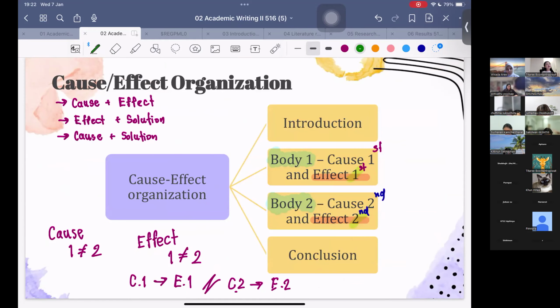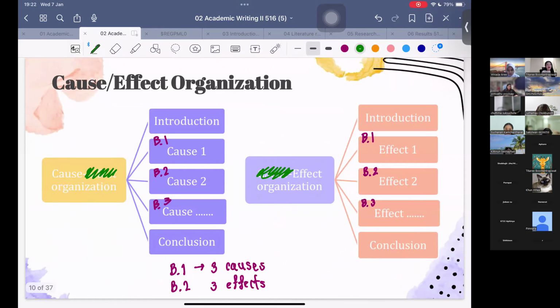Sometimes you might want to discuss both cause and effects. This one is just talking about the cause only, or the effects only, or the solution only. So one thing at a time.